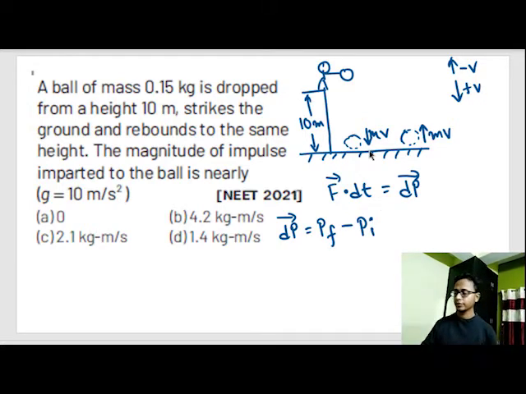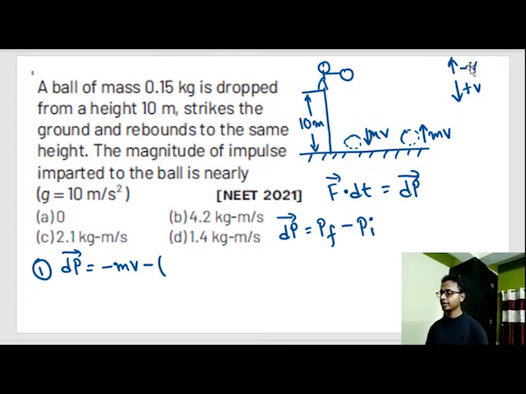So dp is equal to, what is the final momentum? Final momentum is in the upward direction, that means negative of mv, minus the initial momentum. Initial momentum is mv in the downward direction, and downward direction is positive.